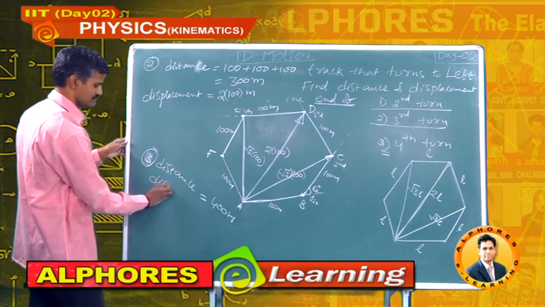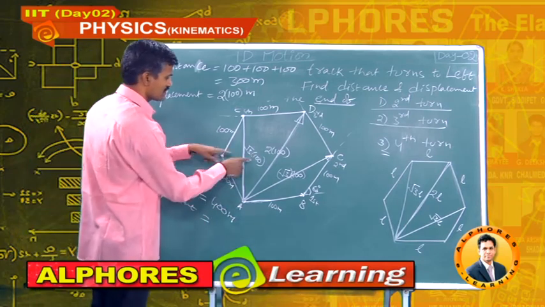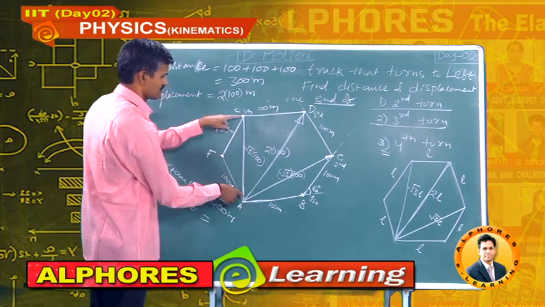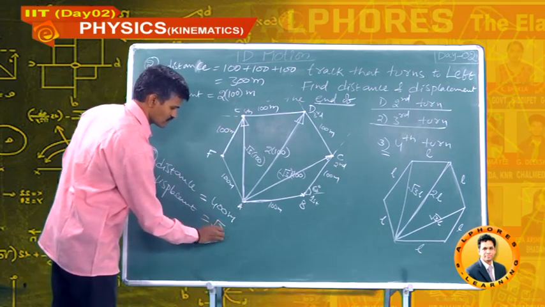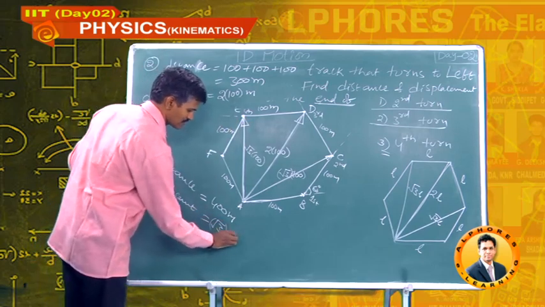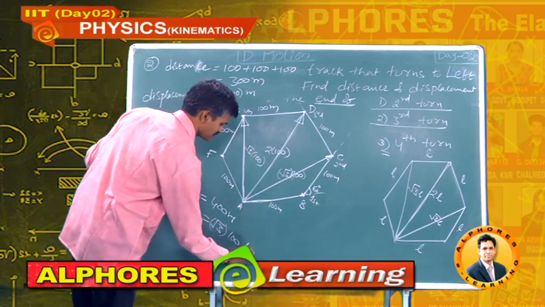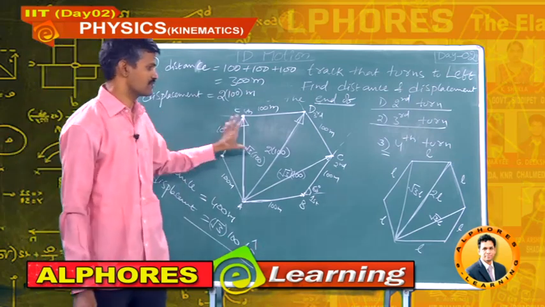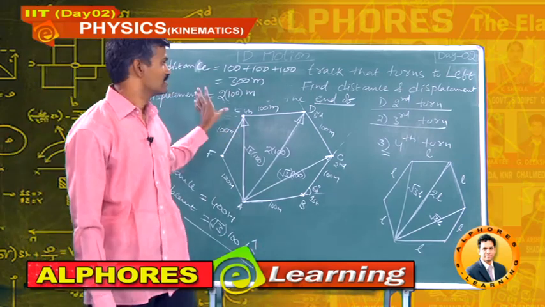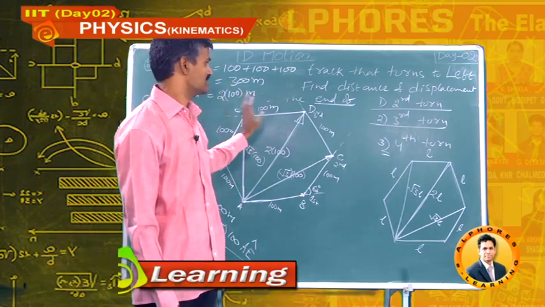Displacement is, this is root 3 into 100, this is the displacement vector. So root 3 into 100 into AE cap. This is the problem. It is very important for mains exam. Okay, practice this.